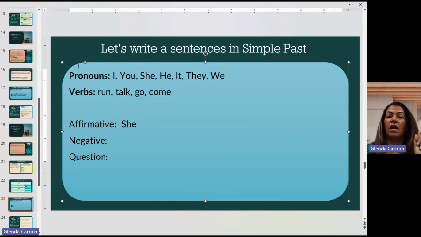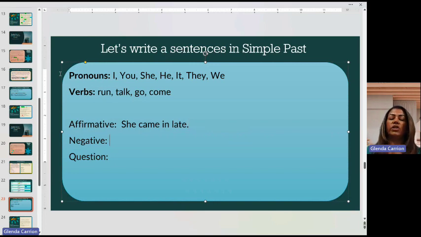But because it's affirmative again, I need to use the past tense. The past tense of come is came. She came in late. O sea, ella vino tarde. I am using the past tense, and this is an irregular verb.